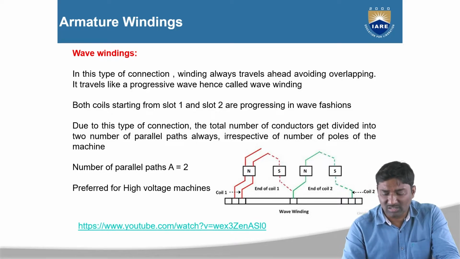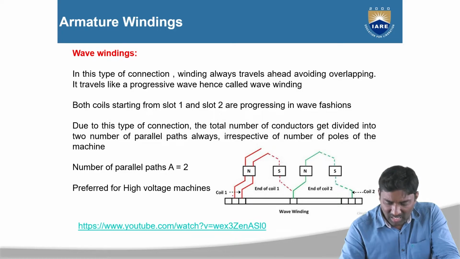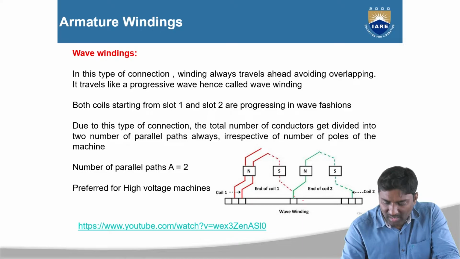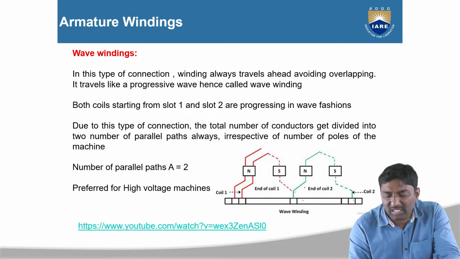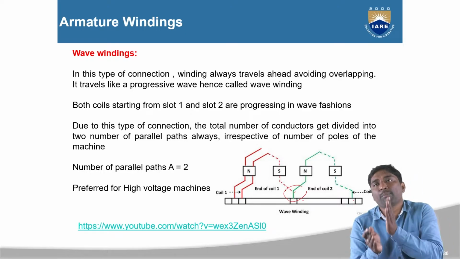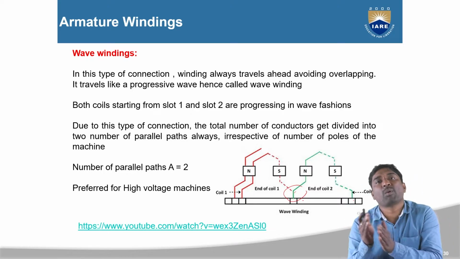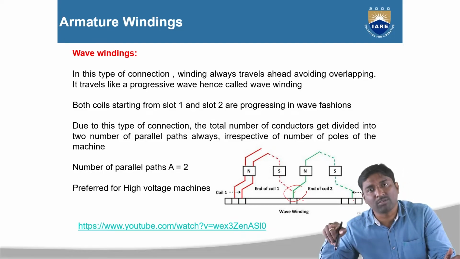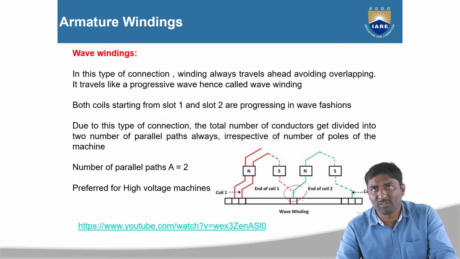In this case also, this is coil 1, which is connected to another slot, and the end of coil 1 is connected here, and the other coil 2 is connected here and starts here. So there is no overlapping in this case. It is the progressive manner here, and according to this progressive manner, it forms one wave. That's why this is called wave winding.